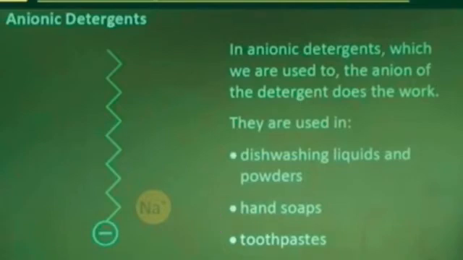They work really well for cleaning things that absorb a lot of water, particularly things like cotton. These are quite useful and they're quite sudsing, so they produce a lot of bubbles and foam a lot.